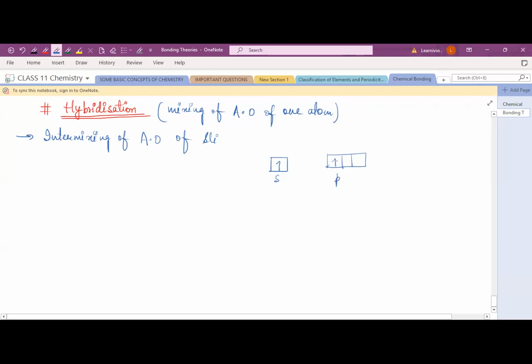So these s and p orbitals intermix together, and they create a hybrid orbital. Basically we know that s has a different energy, and p has a different energy. So the atomic orbitals of different energies intermix together to form a new set of orbitals. And the new set of orbitals has equivalent energy, size, and shape.